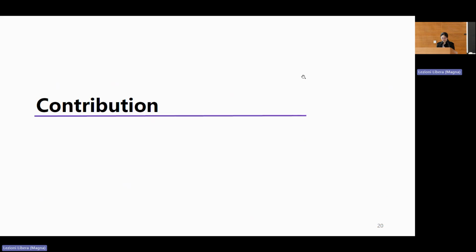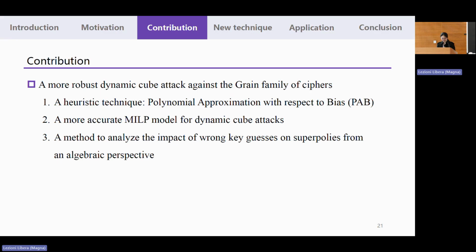Our main contribution is to present a more robust dynamic cube attack against the Grain family of ciphers. Specifically, it consists of the following three aspects. First, we introduce a heuristic technique called the polynomial approximation with respect to biases, which could provide a more accurate bias evaluation for the superpoly of a high-dimensional cube.